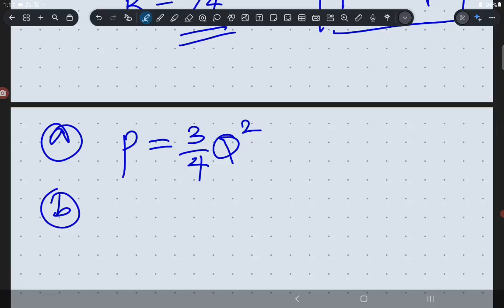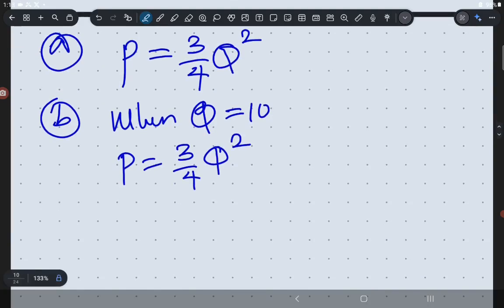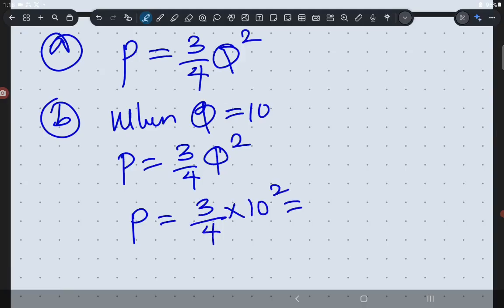So it said, when Q is equal to 10, and the relationship is 3 over 4 Q². Let's put the value in now. We have P equal to 3 over 4 times 10 squared. 10 squared is 100.